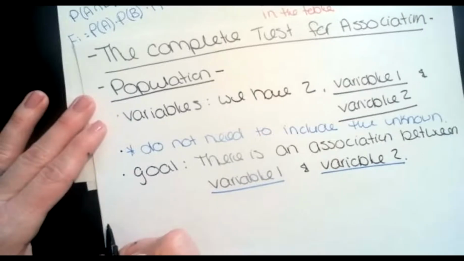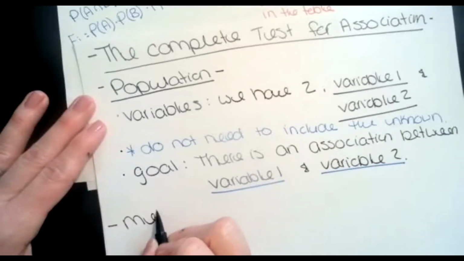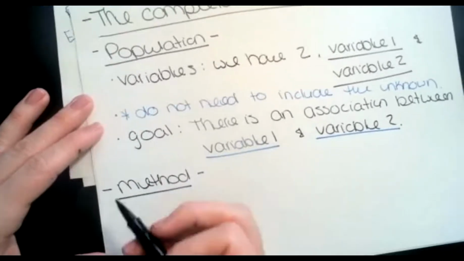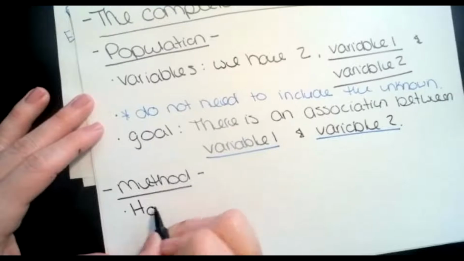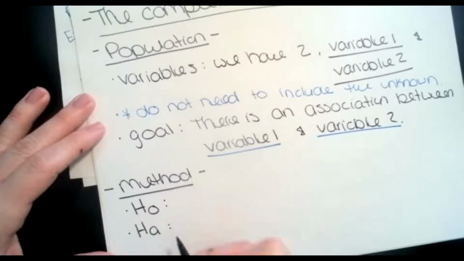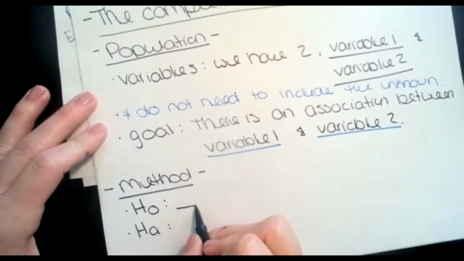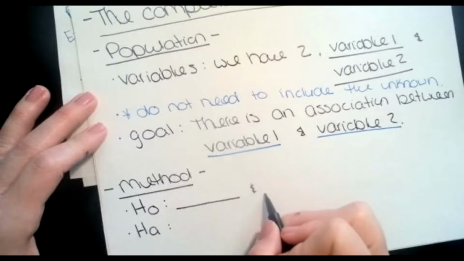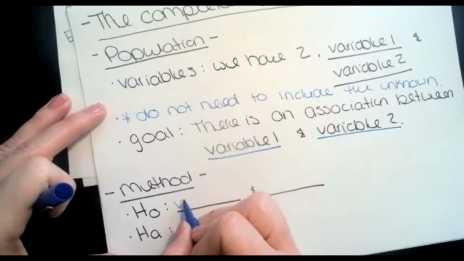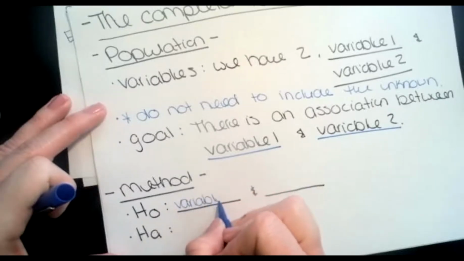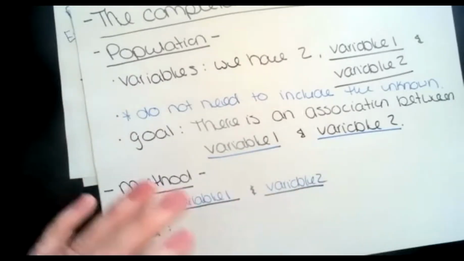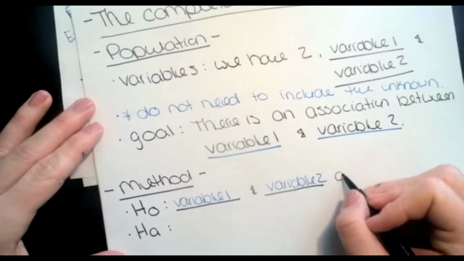Now into our method step. We have our null and our alternative, right? So our null hypothesis is that variable 1 and variable 2 are not associated.